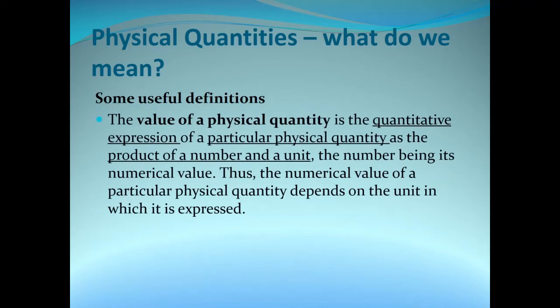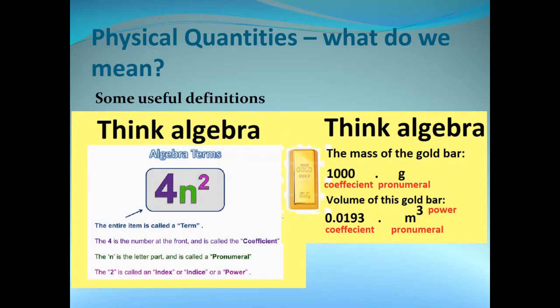Then, the value of a physical quantity is a quantitative expression. In other words, an algebraic expression of a particular physical quantity. And that is, the expression is the product of the number, the numerical value, and its unit. So, like I said, let's think algebra. In that algebraic term, 4n squared.